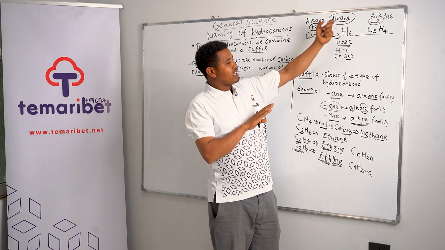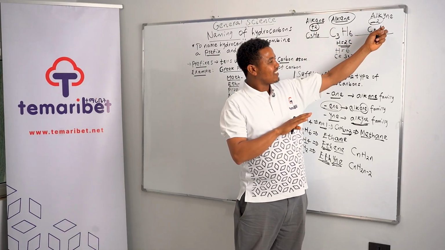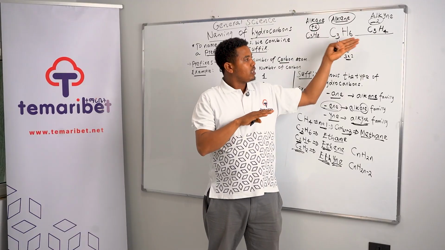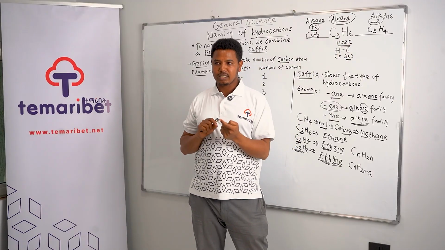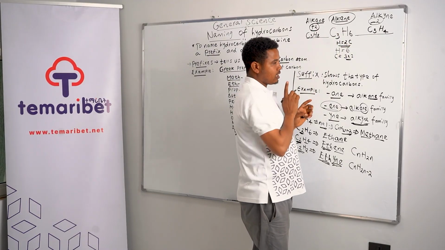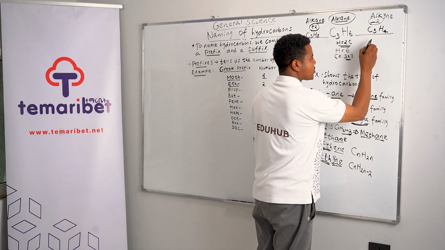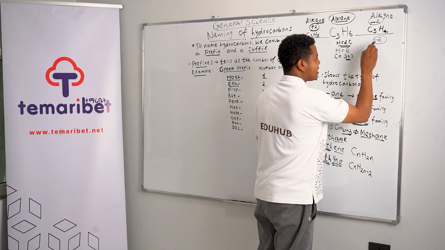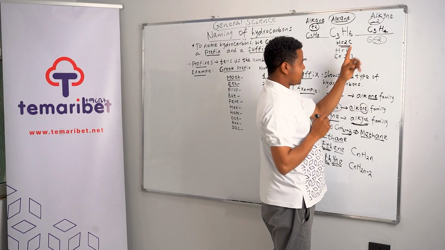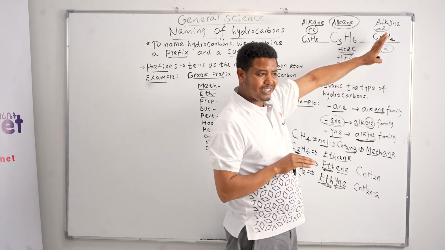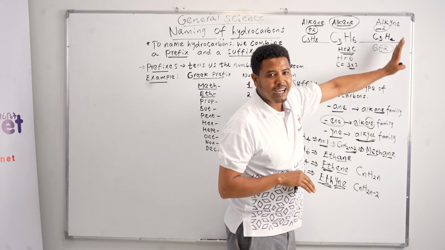To identify whether it is alkane or alkyne, you can easily see this. In the forward direction, you have to deduct 2 from the hydrogen atoms only. You do not touch the carbon. So here it was 6, and when you minus 2 from 6, it becomes 4. C₃H₄ is definitely alkyne. If the number of hydrogen atoms decreases, that shows it is alkyne.